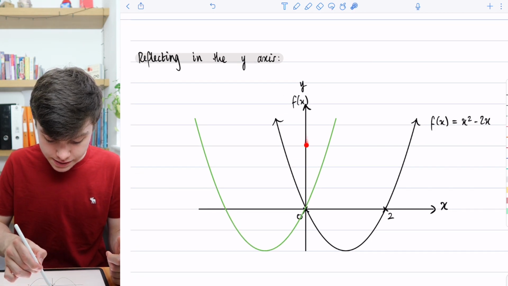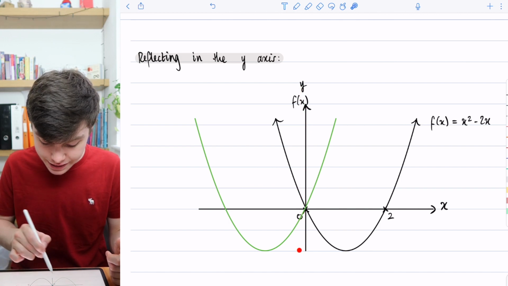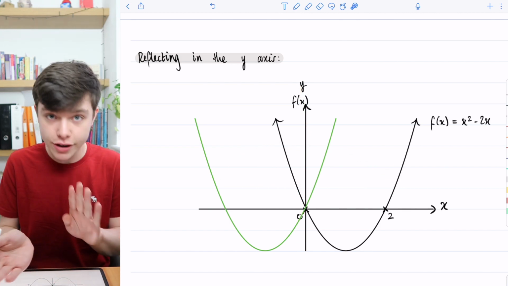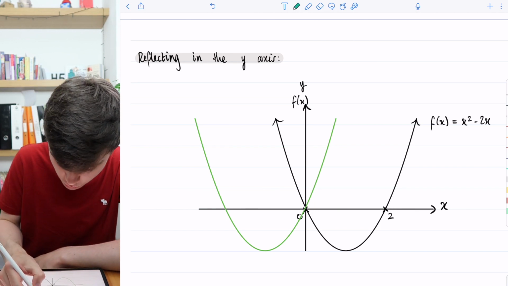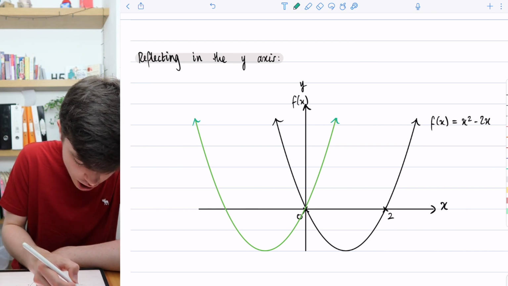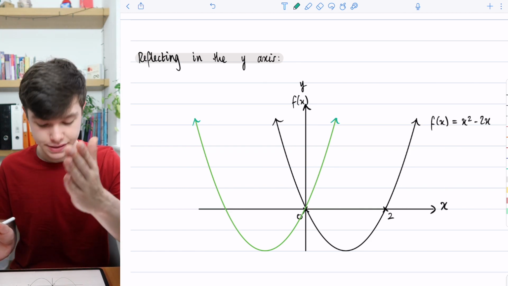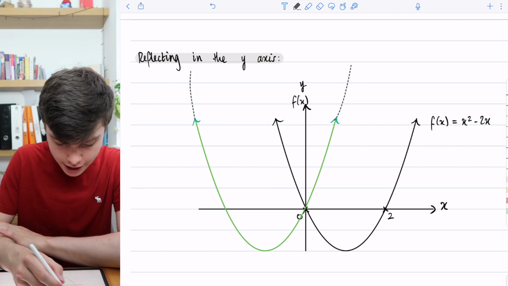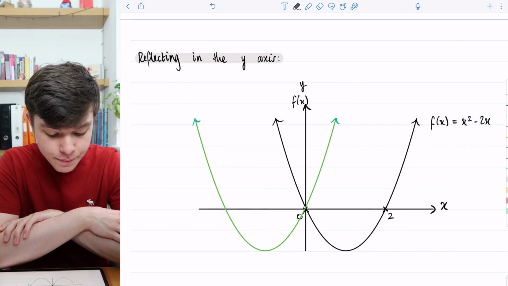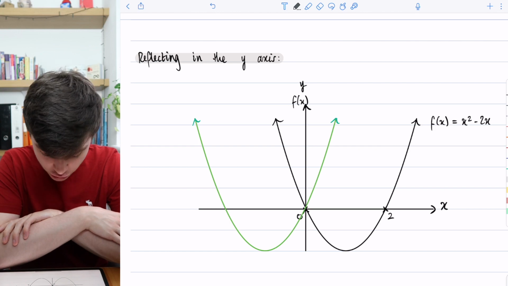If you can imagine this as being a mirror line, reflecting just means bringing everything over. It's just going to flip in the y-axis. And again, we could add arrows on here to show that our graph is continuing forever, all the way up here and all the way up there. That's what happens when we reflect in the y-axis.